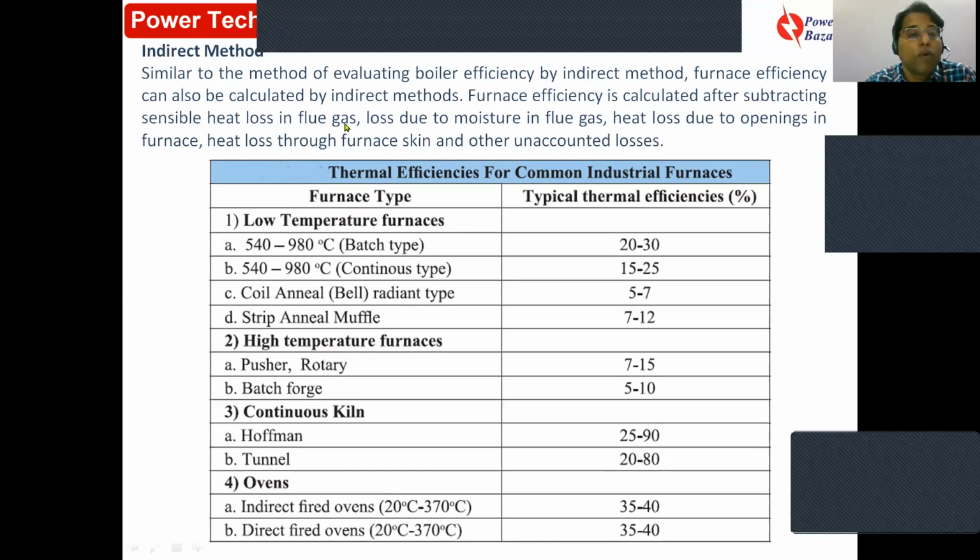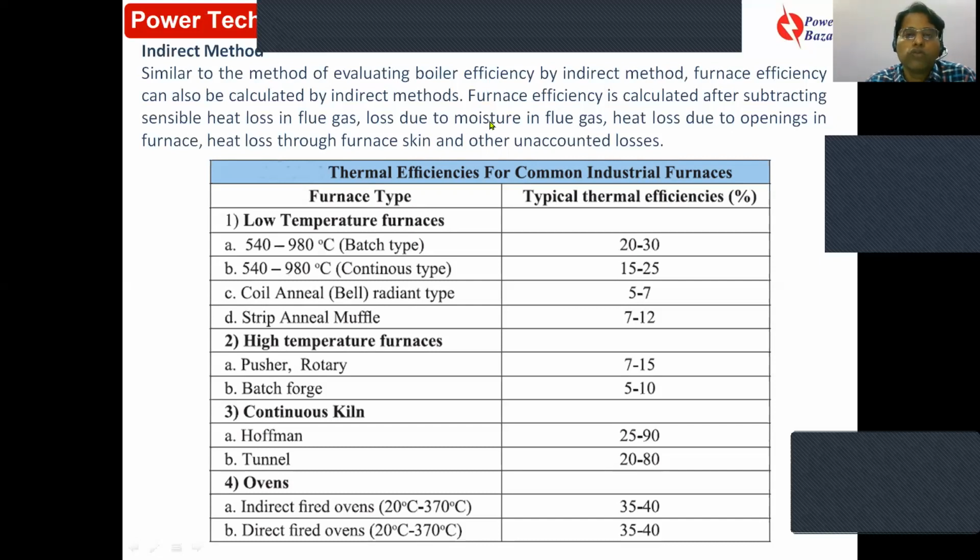Basically, one of the major losses is sensible heat loss in flue gas, because the furnace is heated to a very high temperature. So the temperature of the exit flue gas is very high as compared to the boiler. So a substantial amount of heat loss occurs in the flue gas itself.